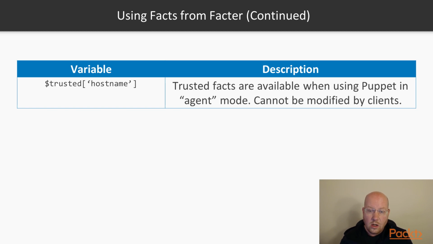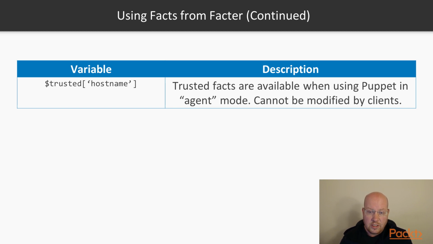Now, we said that all of these facts are collected on the client, and that means that really the client is in control of them. But there is one thing that the server can verify the value of. When a client connects to a Puppet server, it passes in a certificate, and the server verifies that certificate. It checks it against the underlying CA cert that it has available to it, the certificate authority.